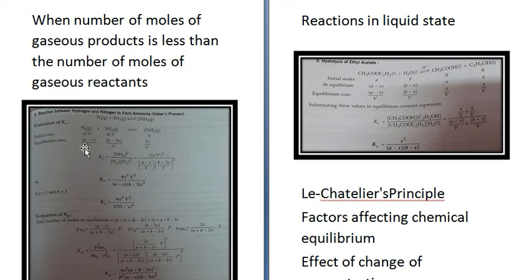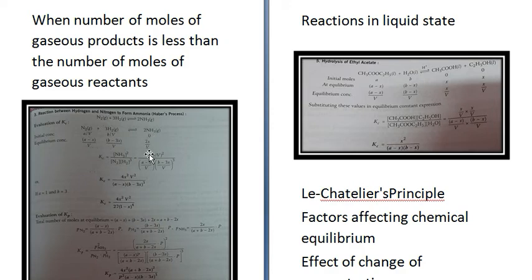Now the initial concentration of N2 is a, H2 is b, and NH3 is 0. At equilibrium, the concentrations become (a minus x) upon V, (b minus 3x) upon V, because it is 3H2, and 2x upon V, because it is 2NH3.